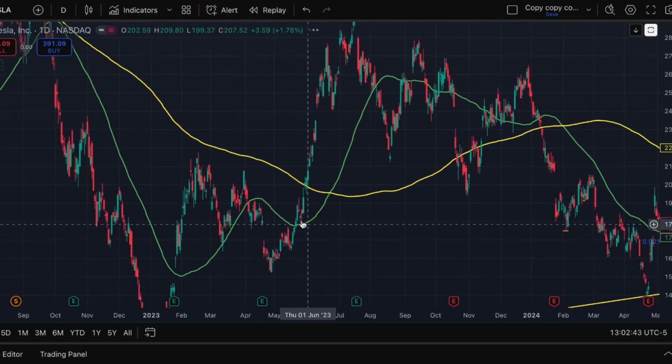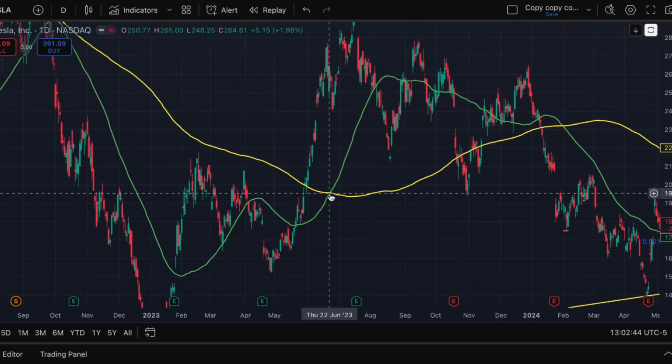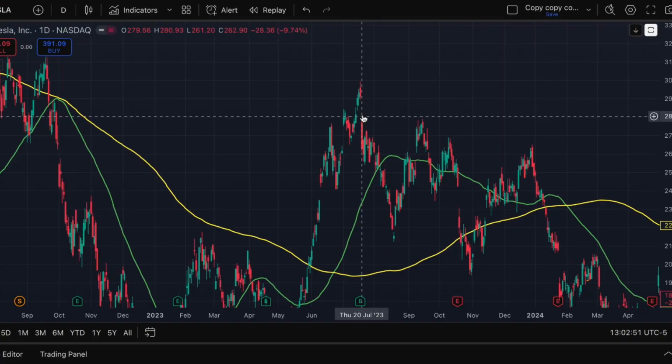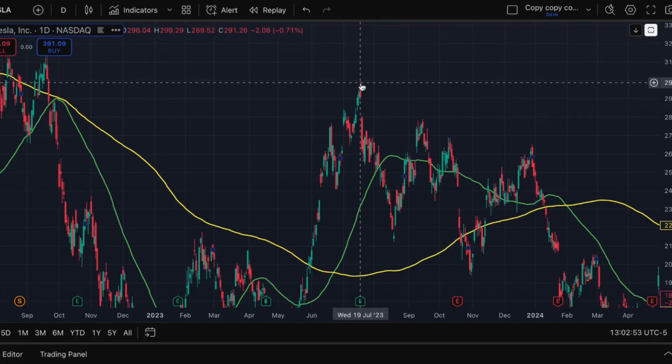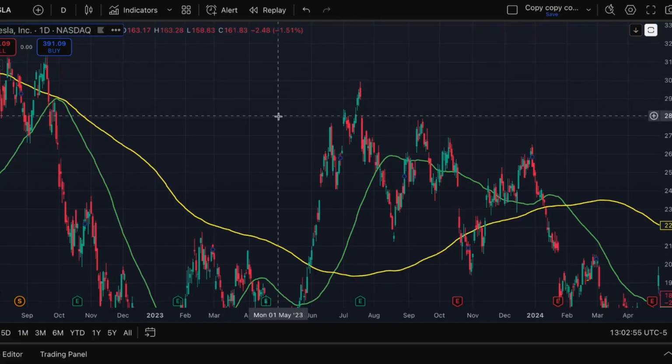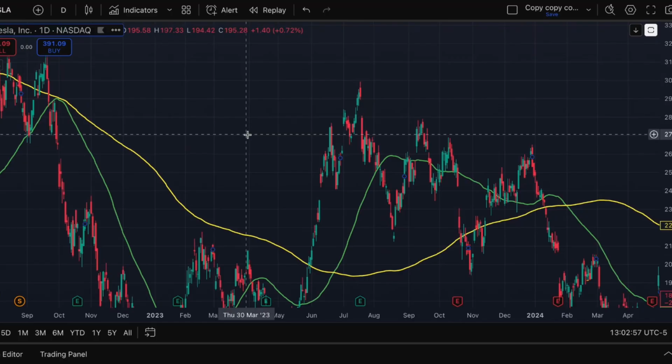Same with this entry. If you would have gotten in long when we crossed above, that was about $200, and we went all the way up to almost $300. So it's the same principle when you're using the EMAs and the SMAs. The EMAs are going to be short-term trades, and the price action is going to be super quick.